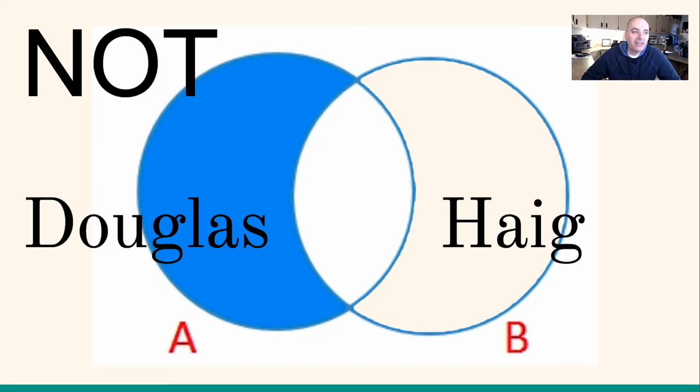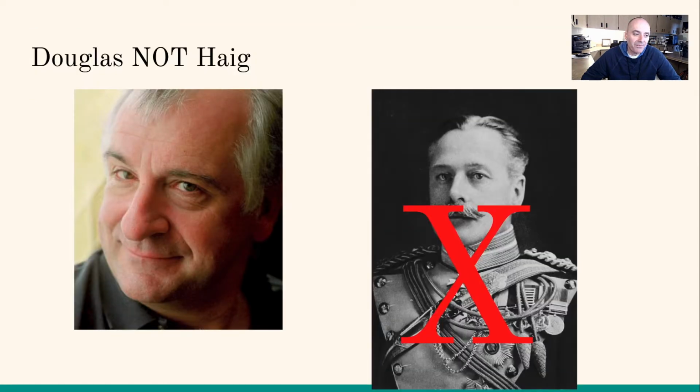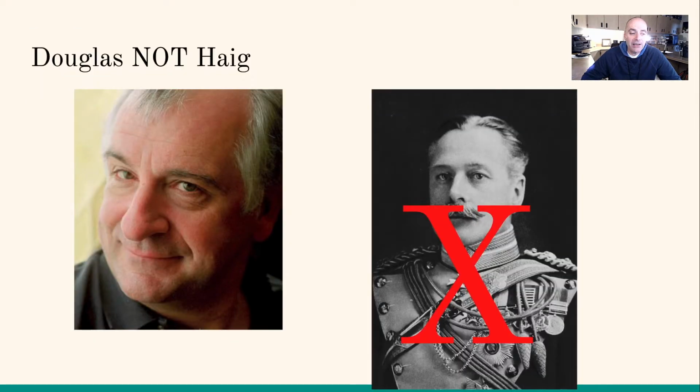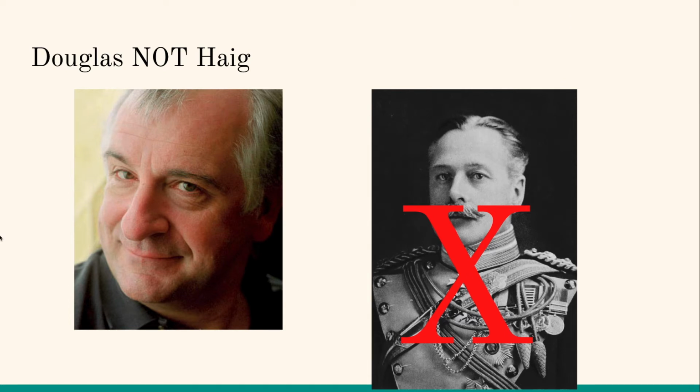So that's when you'd want to use Douglas and Adams instead of the quotation marks. And if we said Douglas, not Haig, it'd come up with this. Give me information about a Douglas, but not Haig.